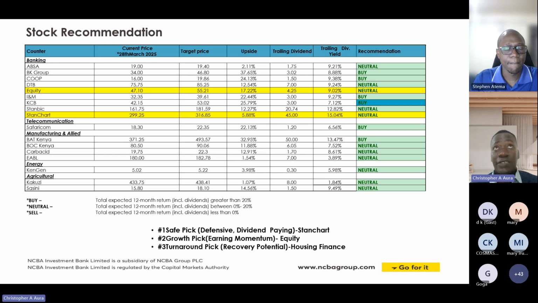They are intentionally trying to tweak the market to ensure private sector credit grows. The banks have responded, though at a sluggish rate, by reducing interest rates. If they reduce interest rates to affordable levels, more people will borrow and more people will deposit their money with them because there's liquidity in the market. That's why I've said the decline is not going to be so much moving into 2025.